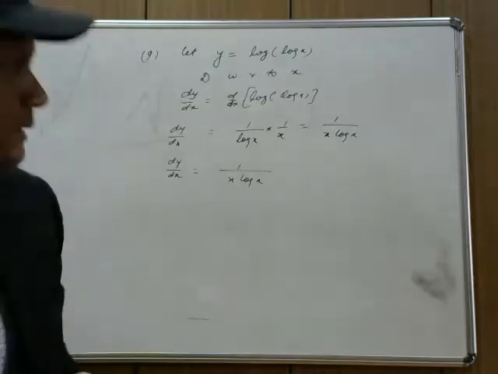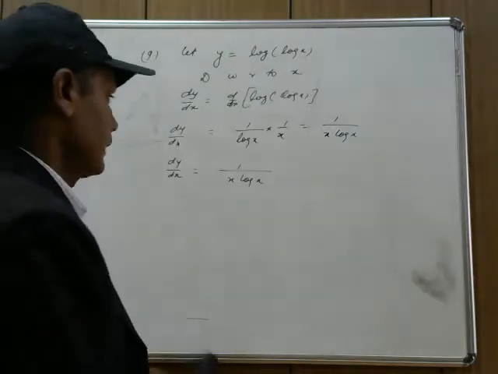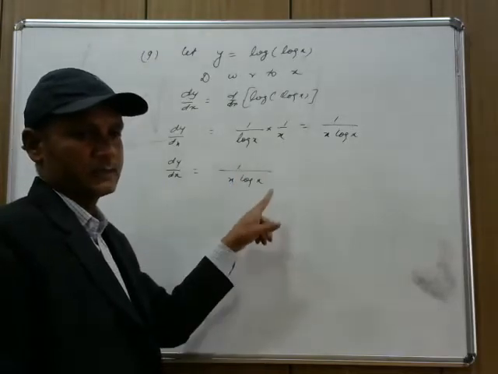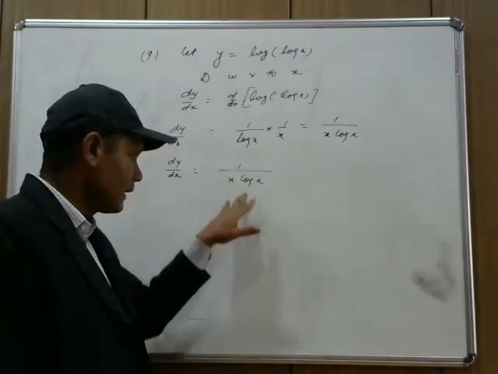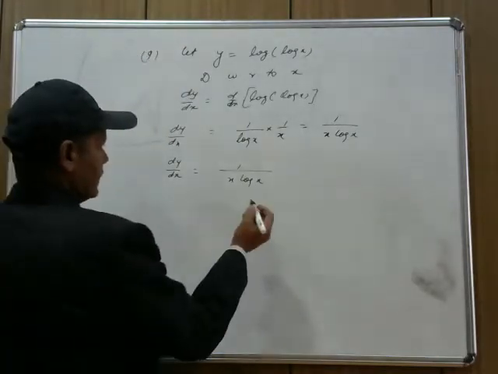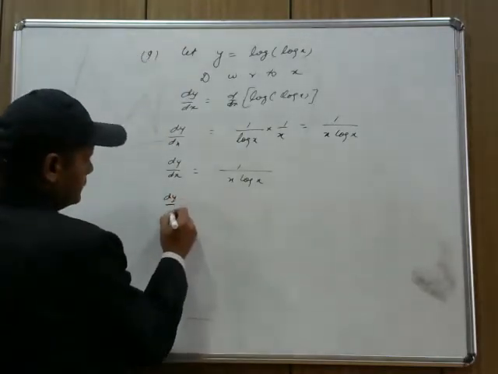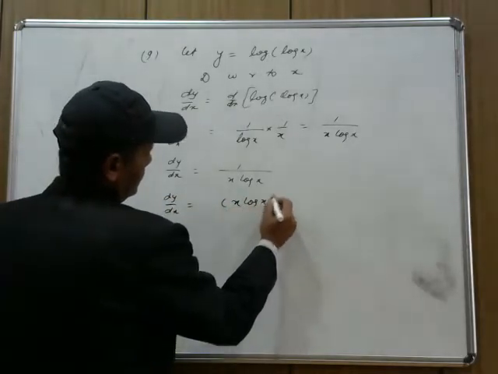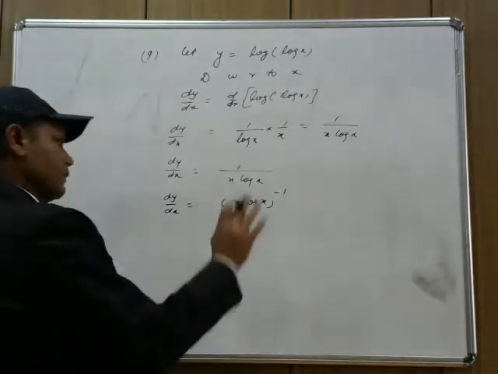Now when differentiating again, I can go for the quotient rule, or I can go for x log x to the power minus 1. Now I can write dy by dx is equal to x log x to the power minus 1, and then I'll go for differentiation.